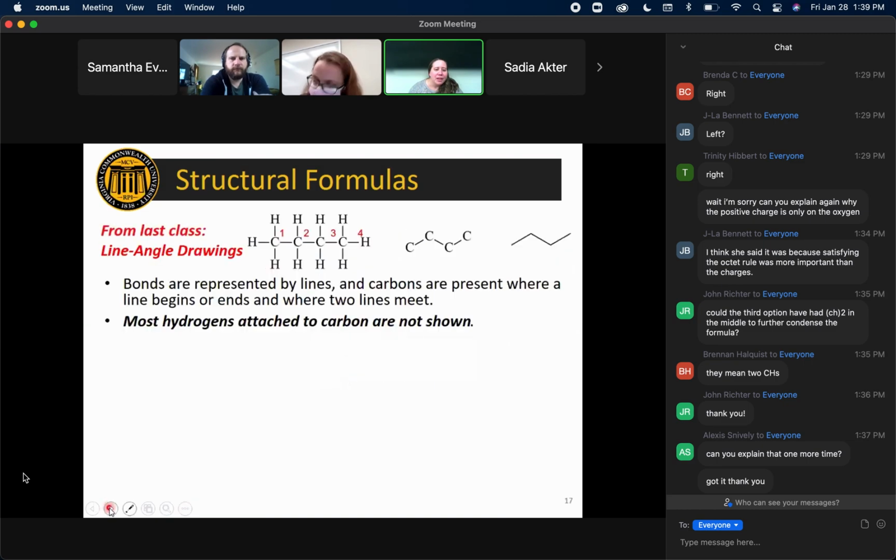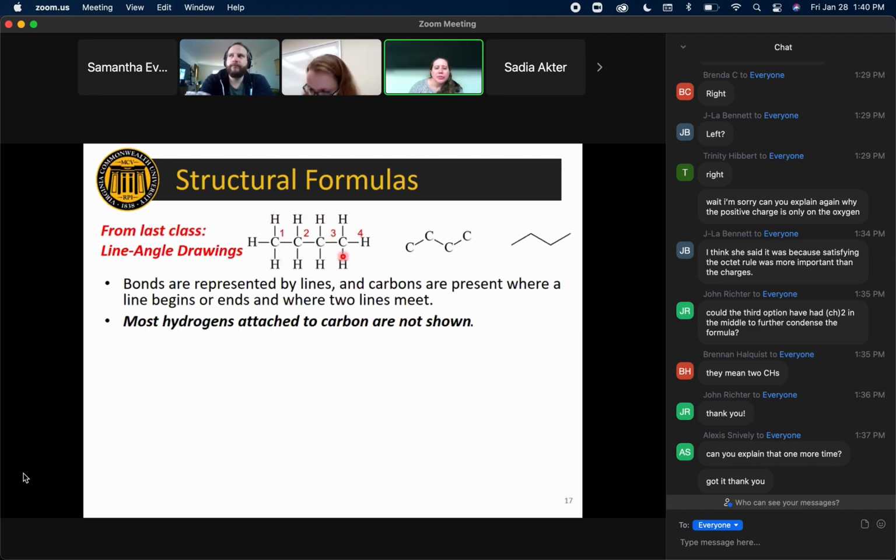Okay, next thing I want to cover is to take a couple moments and talk about these line angle drawings. These line angle drawings, as I mentioned in the beginning of class, are going to help us as chemists draw molecules quicker and see the cool parts of molecules more readily and more quickly.